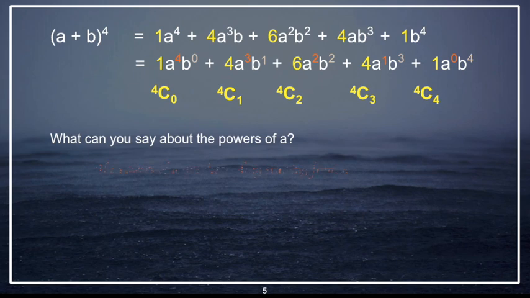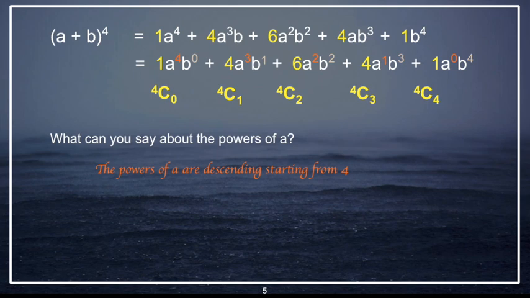The powers of a are descending, decreasing starting from 4. Why 4? Because 4 is our index. So a to the 4th, a cubed, a squared, a to the 1, a to the power of 0, which corresponds to the 5 terms that we need to have.